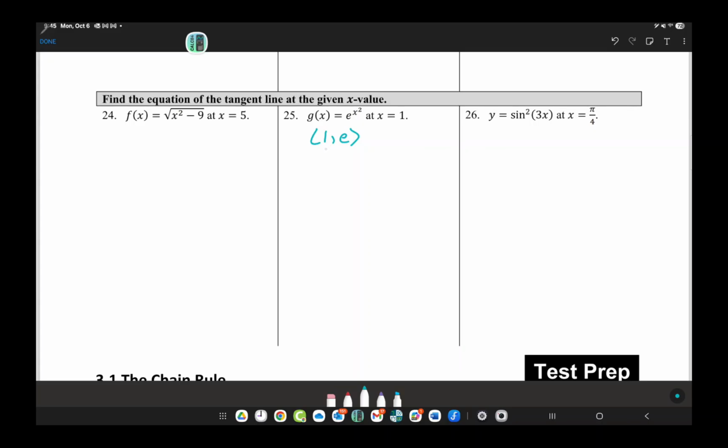It's not 0, it's not 1, it's e. Okay. So now we need to do the derivative, so g prime of x would be what? e to the x squared times 2x. So g prime of 1 is 2e. So y minus e is equal to 2e times x minus 1.